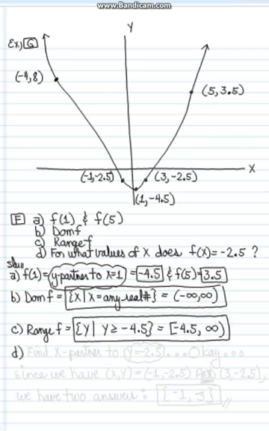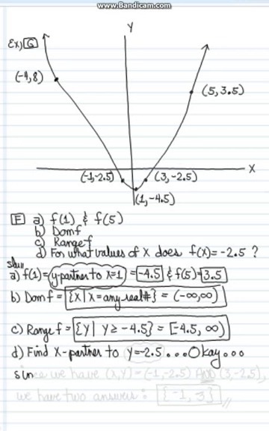Part D, they ask us to find for what value of x does f of x equal negative 2.5. So we're finding the x partner to y equals negative 2.5.